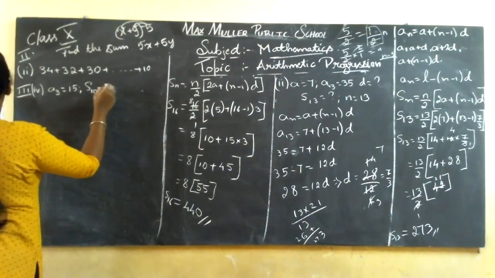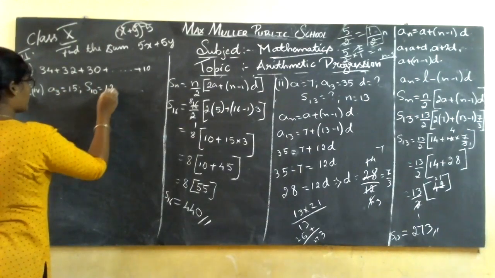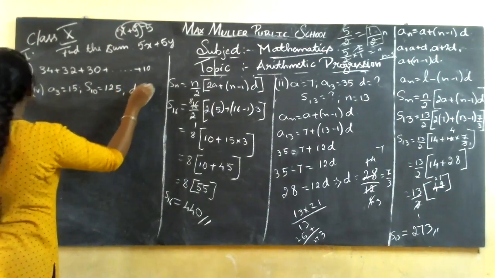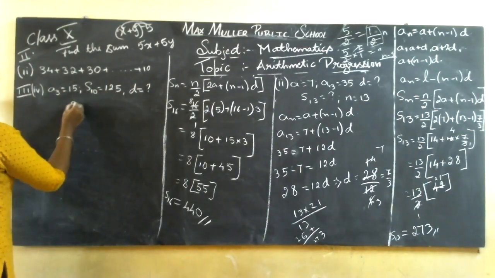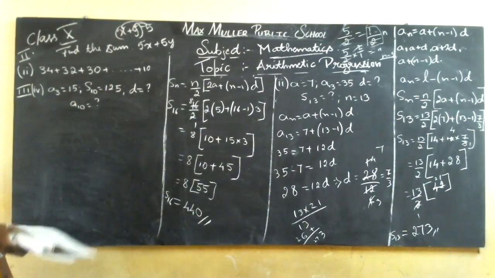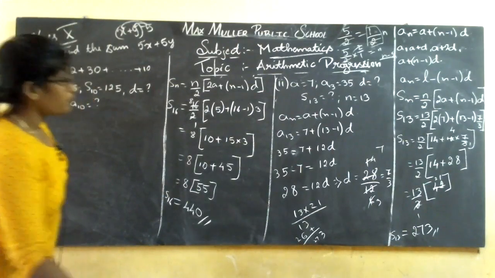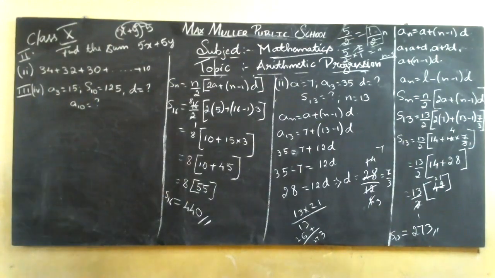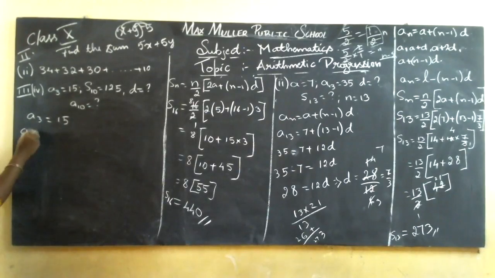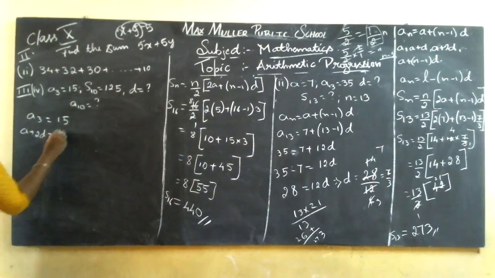S10 is equal to 125, and you need to find D is equal to question mark and A10 is equal to question mark. Yes? Here you do not know the value of A, correct? Okay, let me take this A3 is equal to 15. How are you going to write this? A plus 2D is equal to 15.